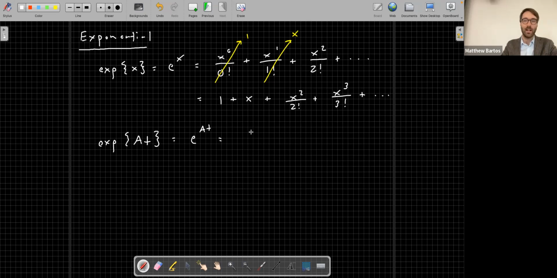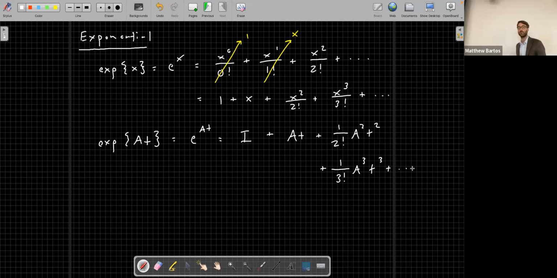So instead of 1, we'll have I, the identity matrix, plus At plus 1 over 2 factorial A squared t squared plus 1 over 3 factorial A cubed t cubed, and so on. This is how we can define the matrix exponential. It's simply equal to this infinite series given by the Taylor expansion. So this is the definition of the matrix exponential.